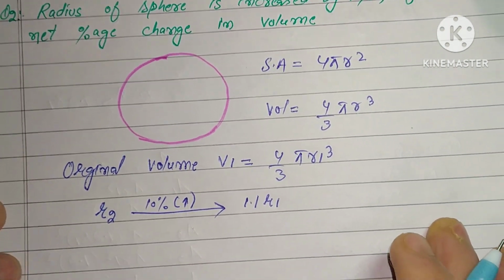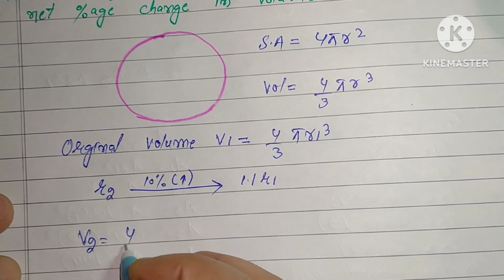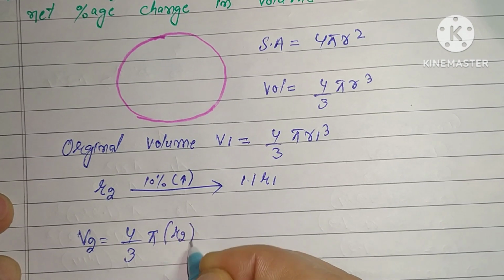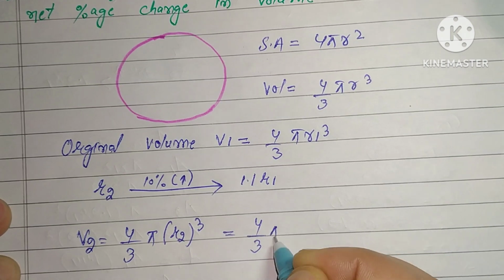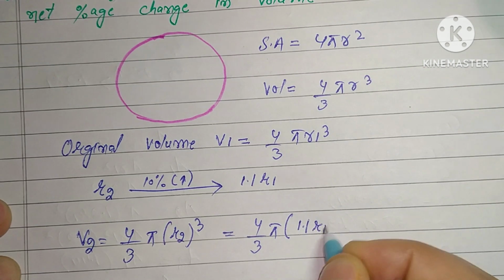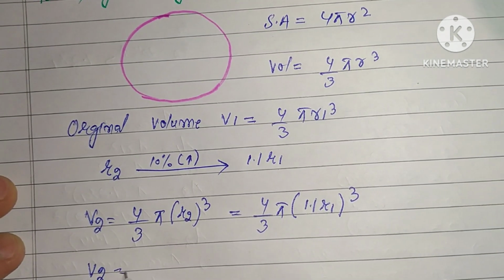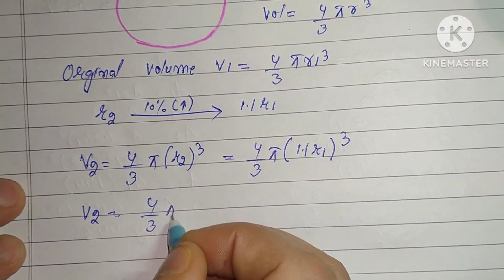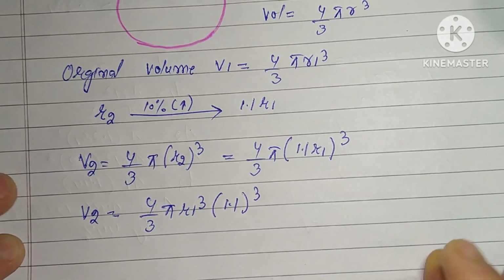Now the new volume will be 4 by 3 pi R2 cube. R2 is the new radius, which is 10% more than R1, so 1.1 R1 cube. V2 will be 4 by 3 pi R1 cube, and the factor will be 1.1 cube.